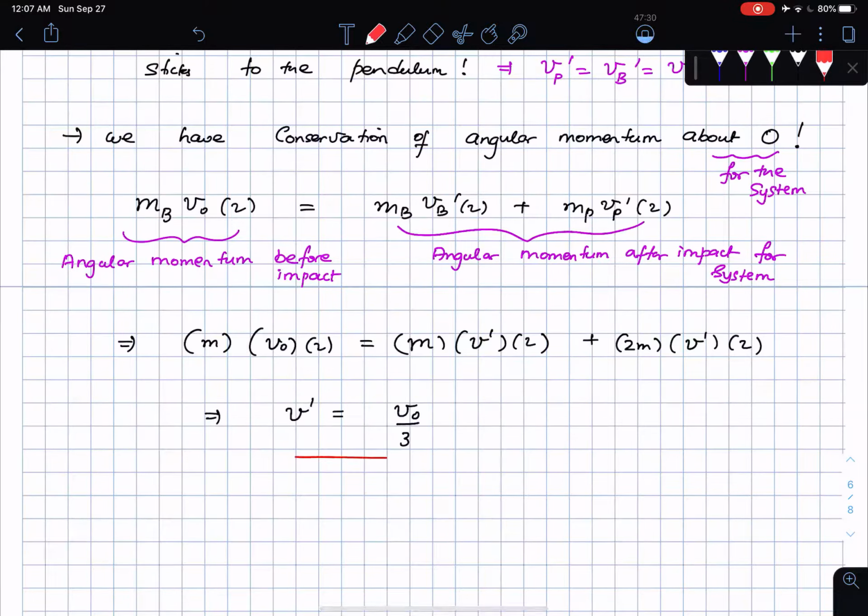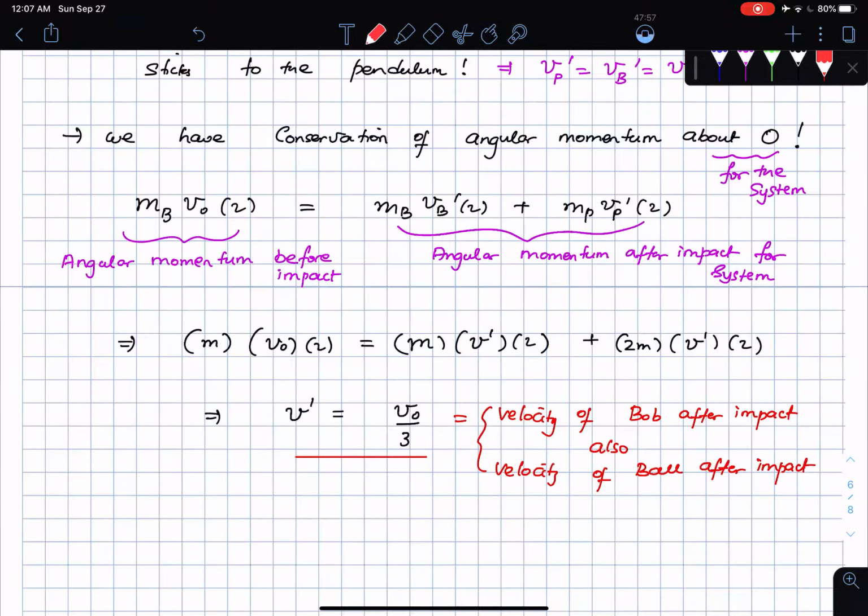So this is the velocity of the bob after impact, and also the velocity of the ball after impact, because they're sticking to each other. So that's something that we know.